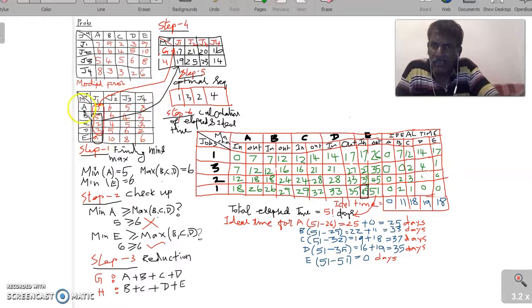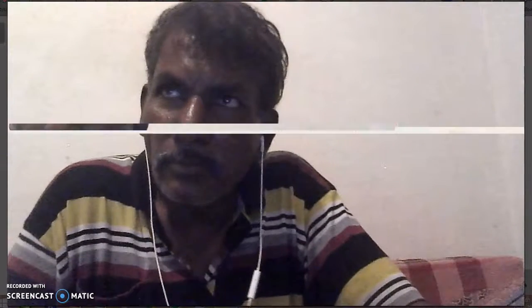The next step is that, as usual, we have to find the minimum in the first machine, the minimum in the last machine, and the maximum in between the machines.